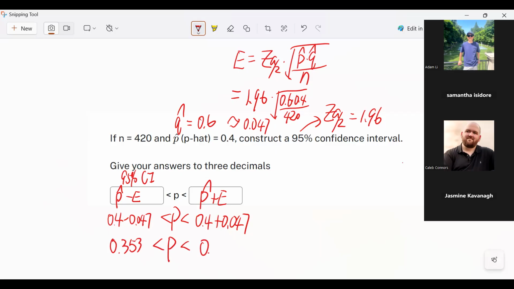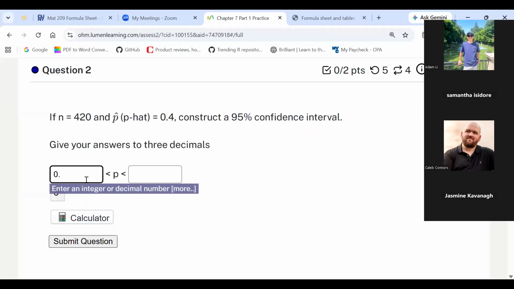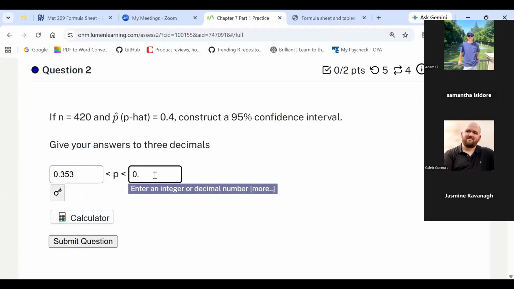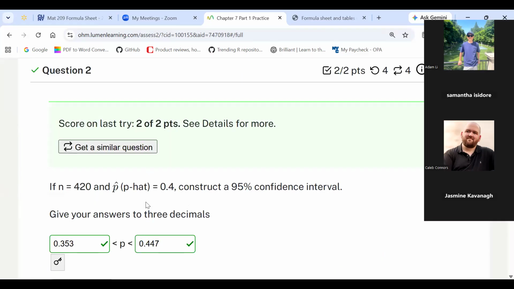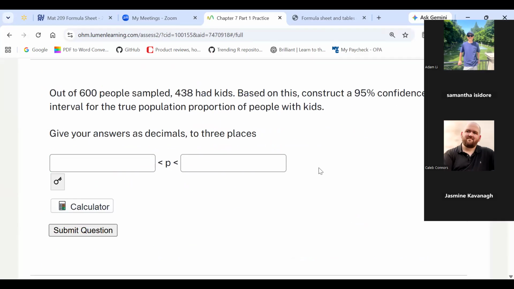Upper confidence limit is 0.447. So any question about this? It's all good.